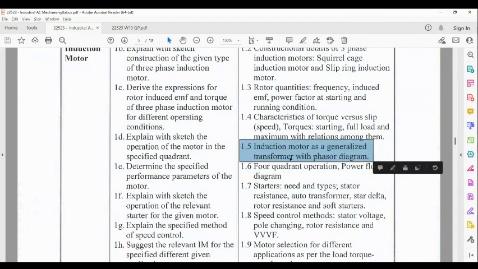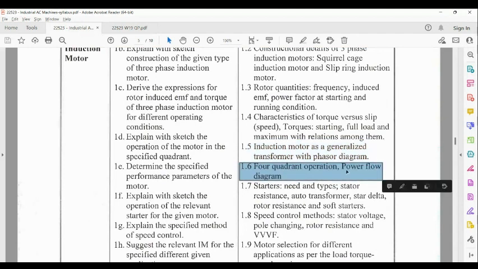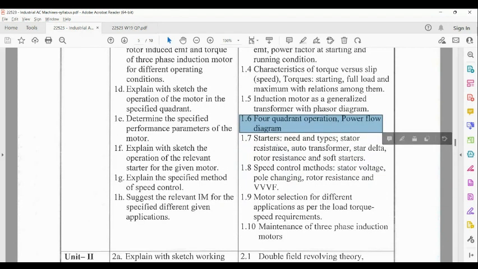There will be a question, explain why induction motor is considered as a generalized transformer, which may be for 4 marks. Then four quadrant operation and power flow diagram: explain four quadrant operation of induction motor, and draw power flow diagram of three-phase induction motor. So two questions may be here.